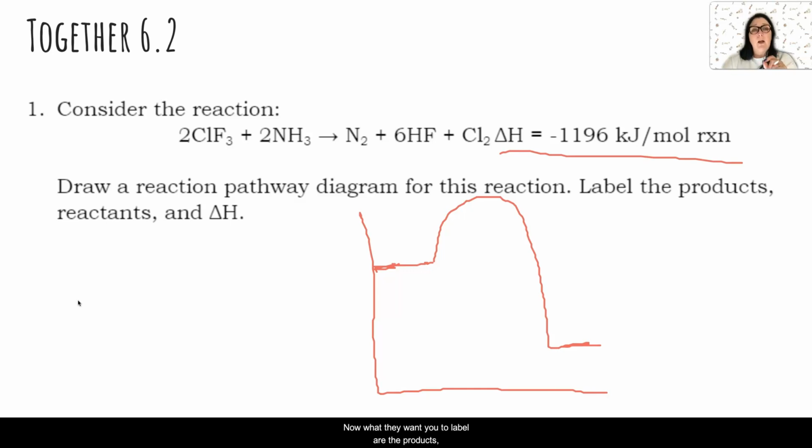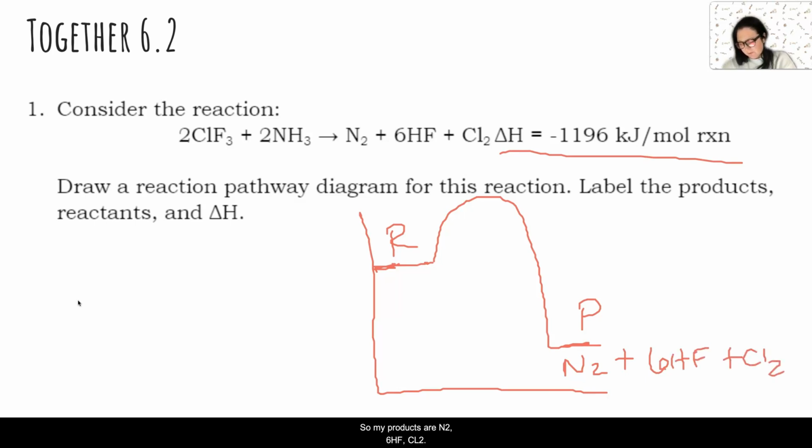Now, what they want you to label are the products, the reactants, and the delta H. So these are my products over here, and these are my reactants here. They said to label them, so I don't really know if I'm taking a test if they mean specifically label them or what they're talking about, so I'm going to label them. So my products are N2 plus 6HF plus Cl2.